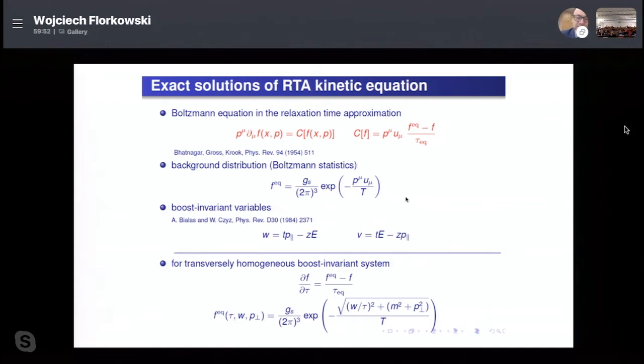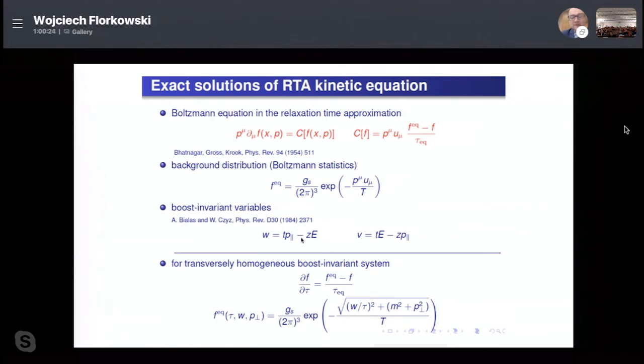So for boost-invariant one-dimensional expansion, the distribution function may depend on the proper time, and in addition on a special combination of the momentum and space-time coordinates, which is called w here. This is the variable which was introduced by my Polish supervisor some time ago, by Białas and Czyż, and w is time times the longitudinal momentum of the particle minus the z coordinate times the energy of the particle.